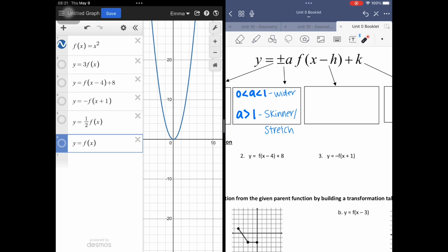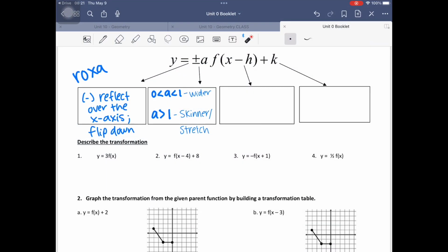Or also a stretch. Now we're going to be looking at the part in the parentheses. This part right here has to do with x values. If we have x minus h, that means it is going to go right however many units h is. So if this was x minus 3, that means it's going right 3.